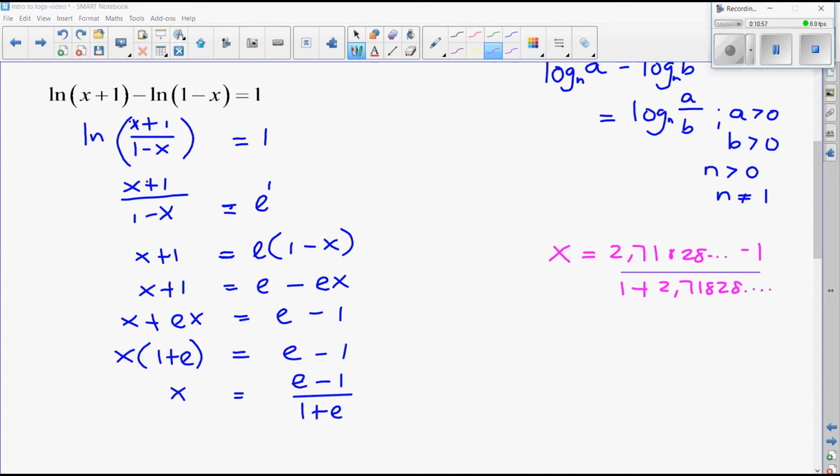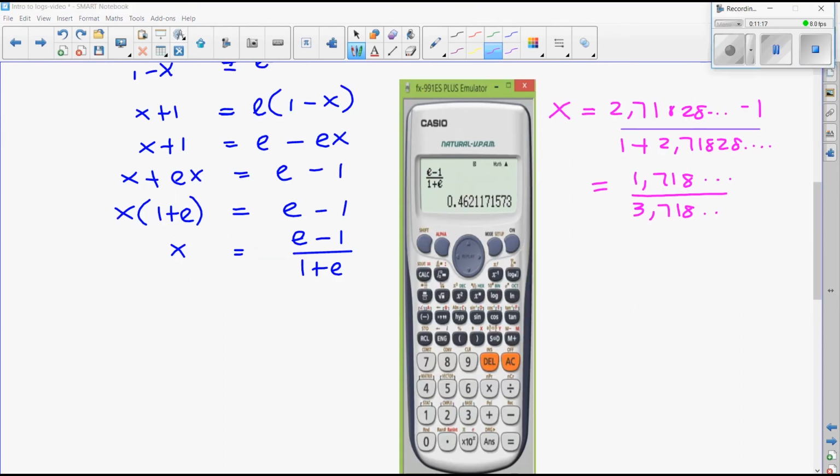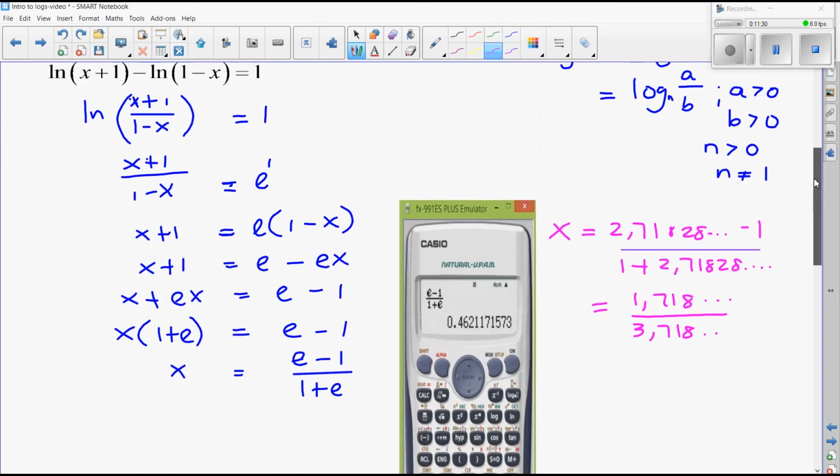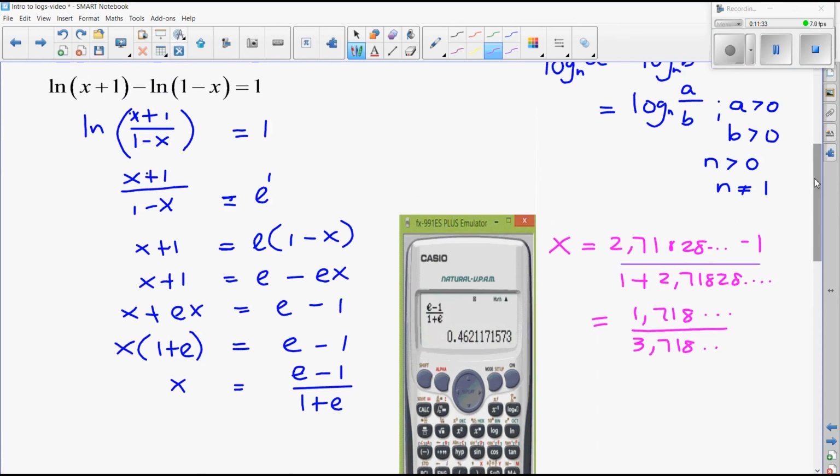So this gives you a value of 1.718 all over 3.718, which is positive. So this is a valid solution. Entering this value on the calculator, you see that we get 0.46211 as the result.